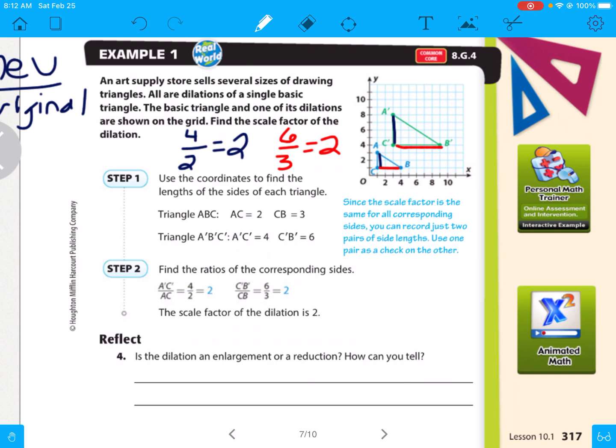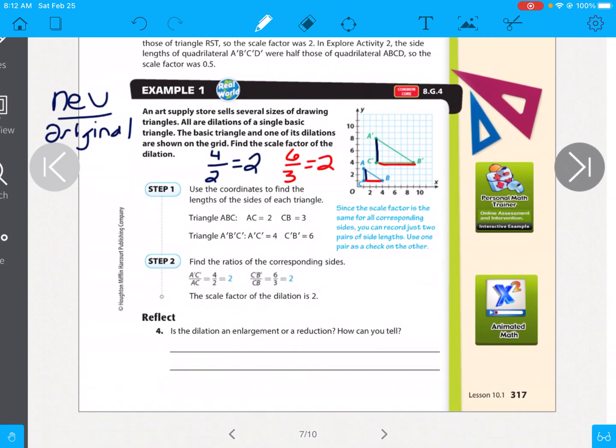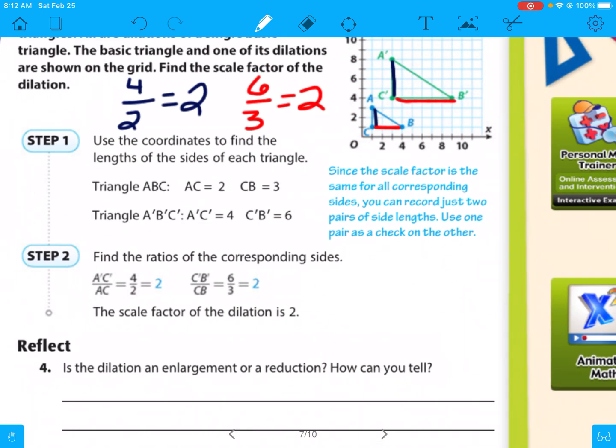For number 4, it says, is the dilation an enlargement or a reduction? How can you tell? What you learned earlier right up here is that an enlargement gets bigger and a reduction gets smaller. From the original shape, this triangle ABC, it definitely gets twice as big.